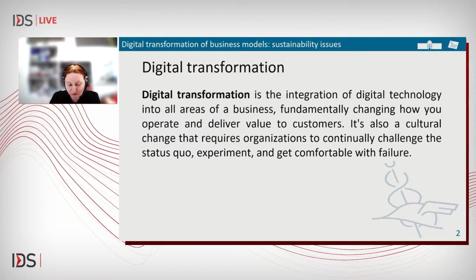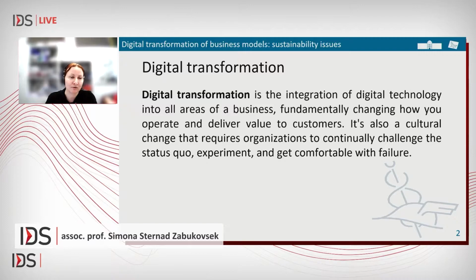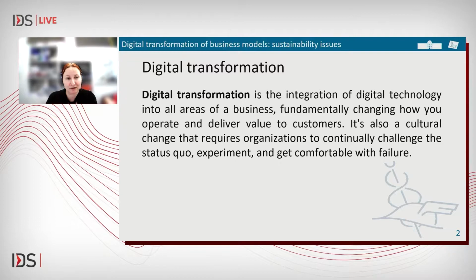It's also a culture change that requires organizations to continually change the status quo, experiment, and get comfortable with failure. And digital transformation could also have an impact on sustainability.